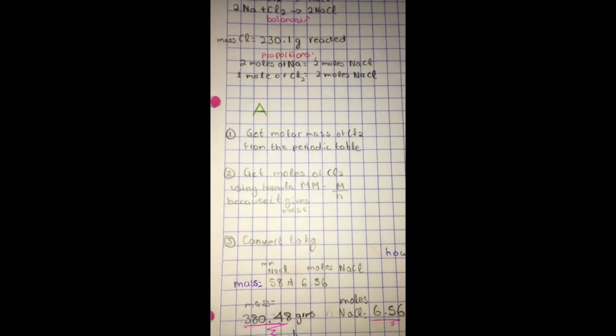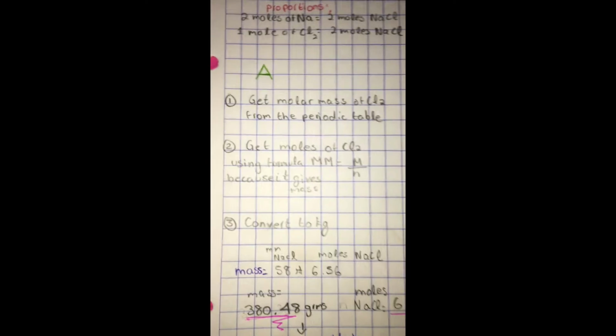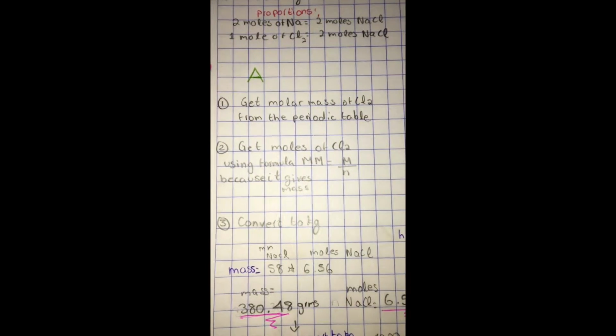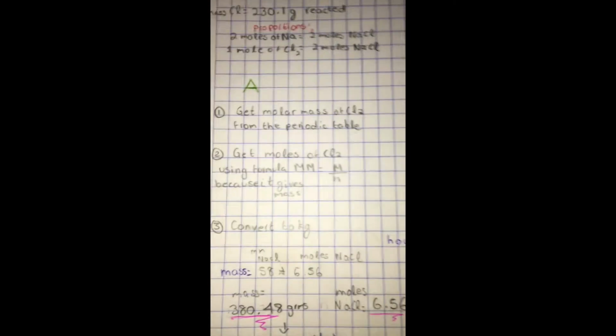Then we make an analysis: first we get the molar mass of Cl2 from the periodic table, then get the moles of Cl2 using the formula of molar mass, because the problem gives you the mass, and then convert to kilograms.